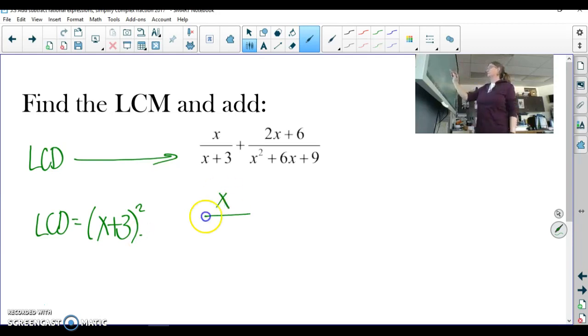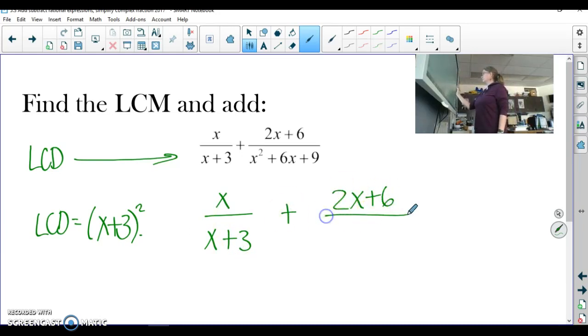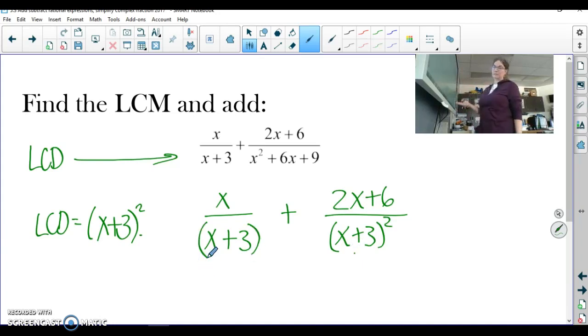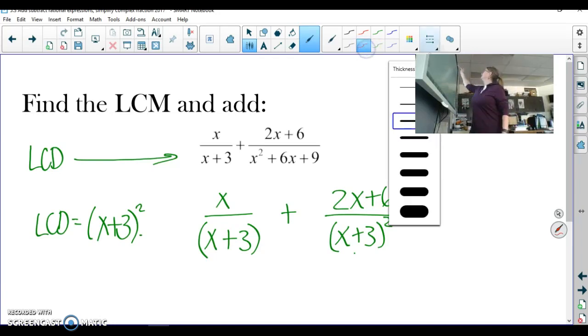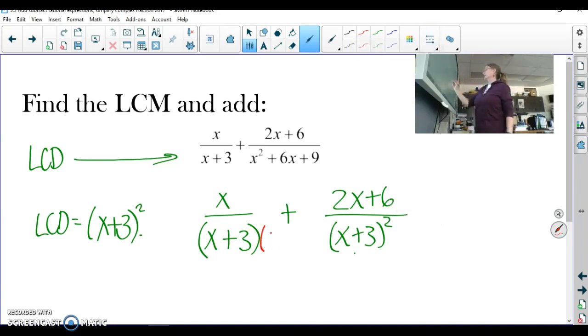Let me rewrite this. I have x over x plus 3 plus 2x plus 6 over x plus 3 squared. So the least common denominator, we already have it on the right side, but I have only one x plus 3 on this side, so what do I have to multiply by to make it x plus 3 squared? Hopefully you're seeing it would be another x plus 3.